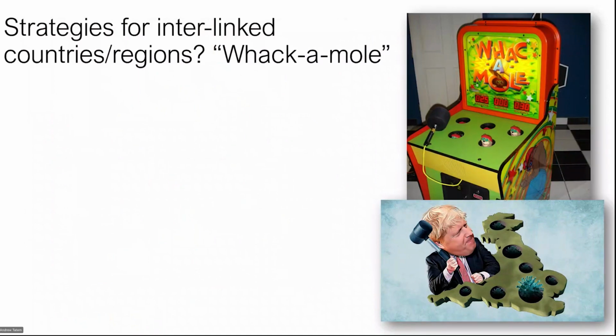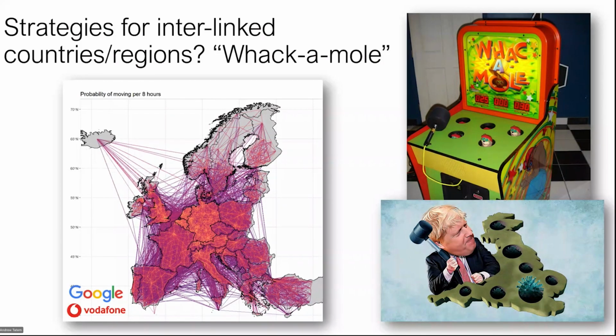It also enabled us to tackle questions like this one in terms of regional policies. Could we analyze and see how successful those might be and what could be done? So this involved looking at data from Google that had a normalized proportion of mobile phones moving across Europe, but also then a data set from Vodafone that had absolute numbers of mobile phones using, and then building a model that could translate one to the other, so we could get an estimate of probabilities of moving between locations for each 8-hour period.